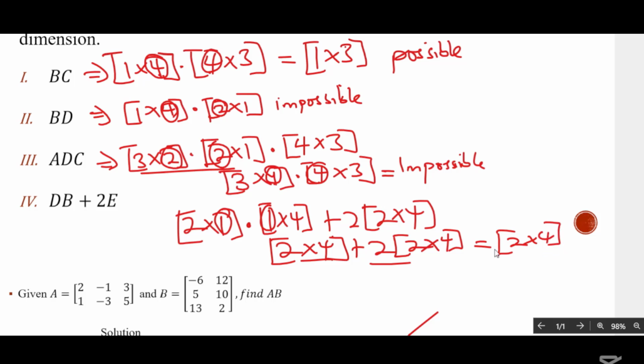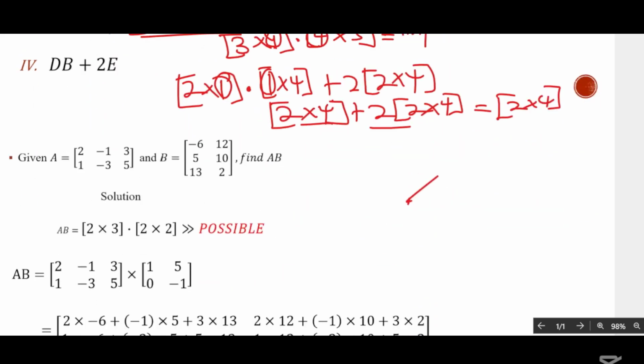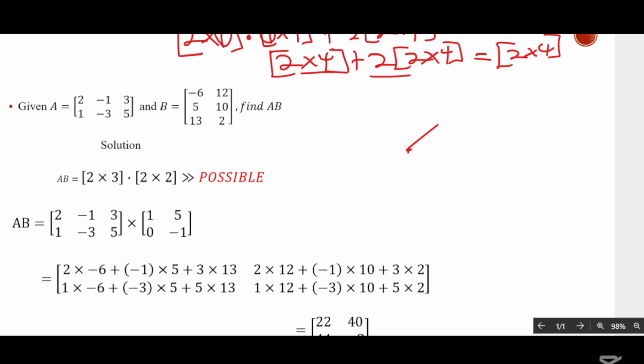Great. Now let's look at a question on multiplication of matrices. Now, before we multiply, we can check whether it is possible or not. So here we have 2 rows and then 3 columns. Here too we have 3 columns, 2 rows.